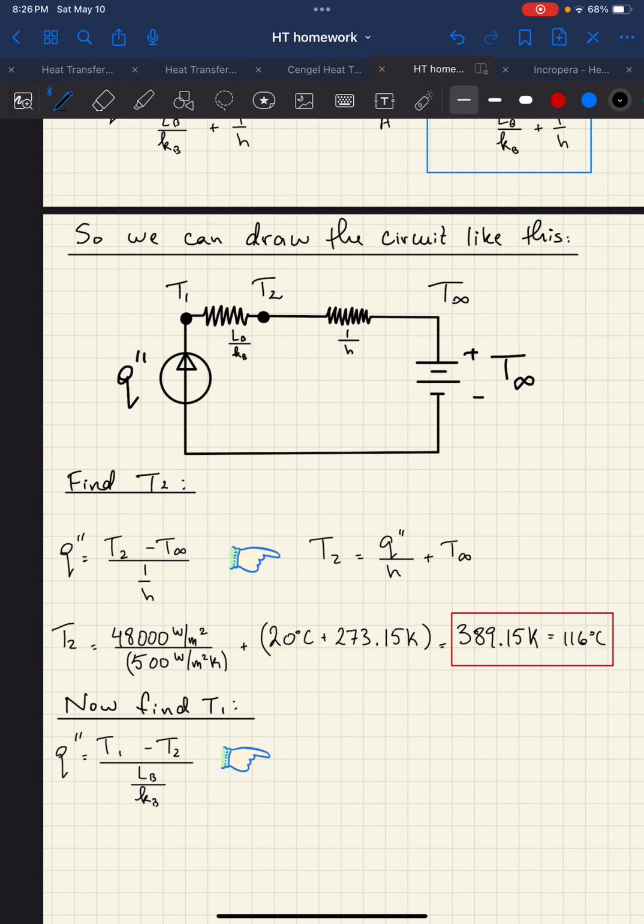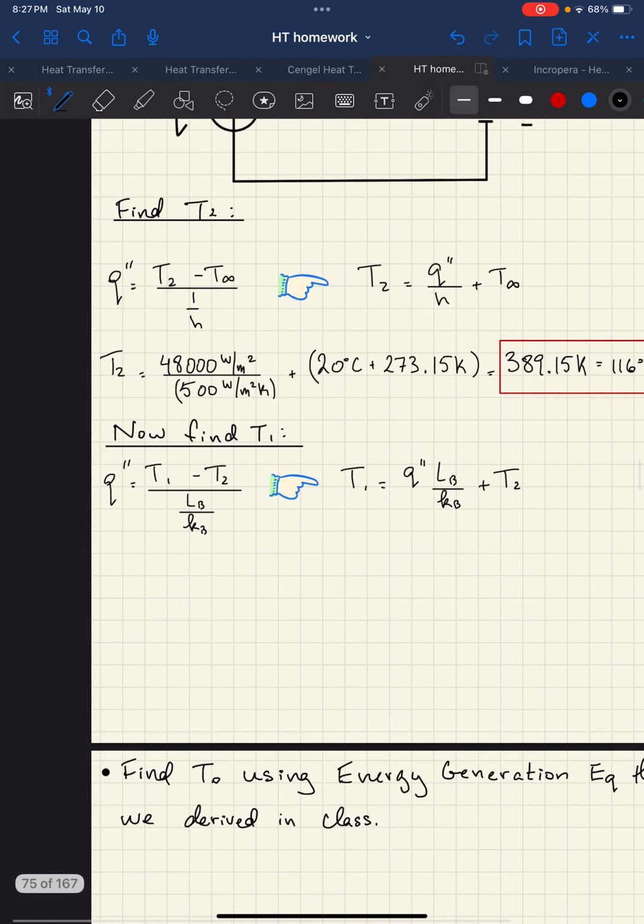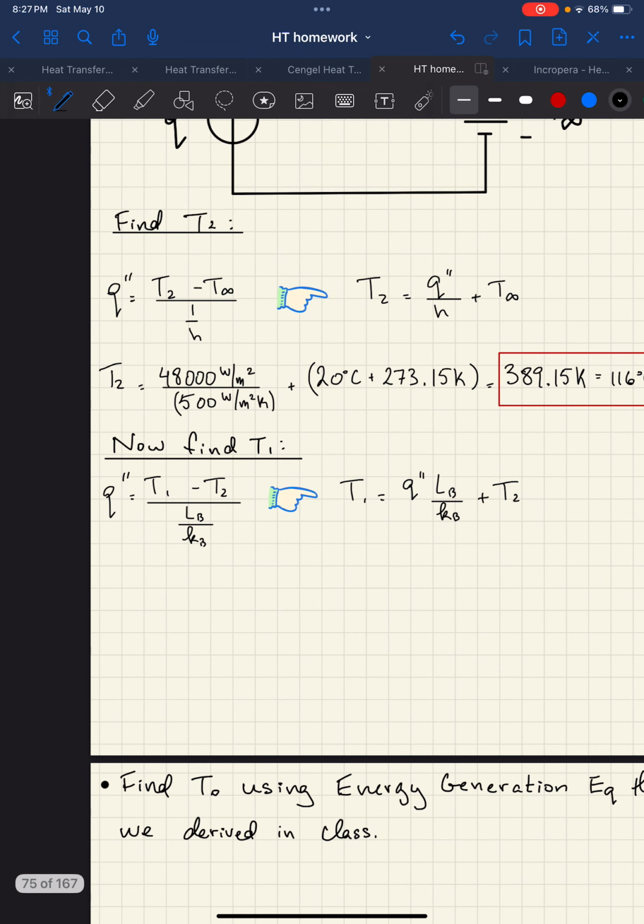Now we have everything, we just need to find T1. So you, again, do the algebra to find T1. Plug and chug, and you get your T1.